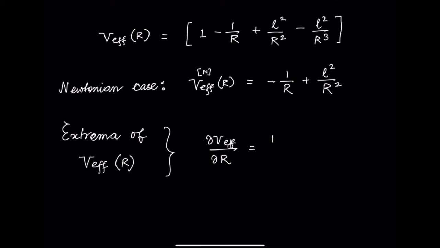So this is 1 by R squared, minus 2l squared by R cube, and plus 3l squared by R to the 4.